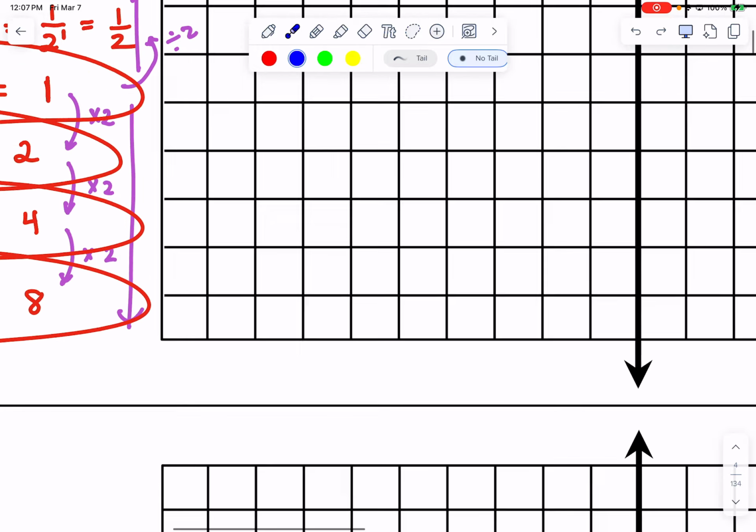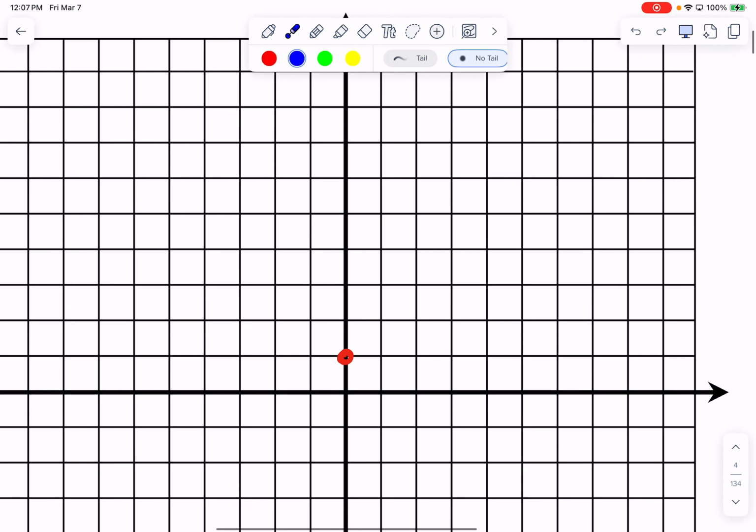Half. So when you do 3 to the x, the first point to the right has to be at 3, because it's 3 to the x, and the first point to the left has to be at a third. So 3 to the right, a third to the left, because you're multiplying by 3 when you go to the right, and dividing by 3 when you go to the left.